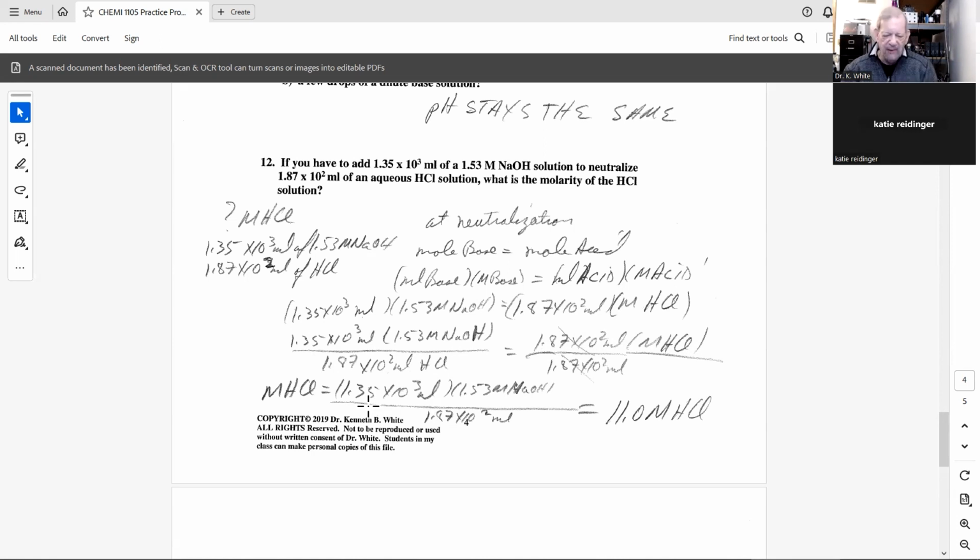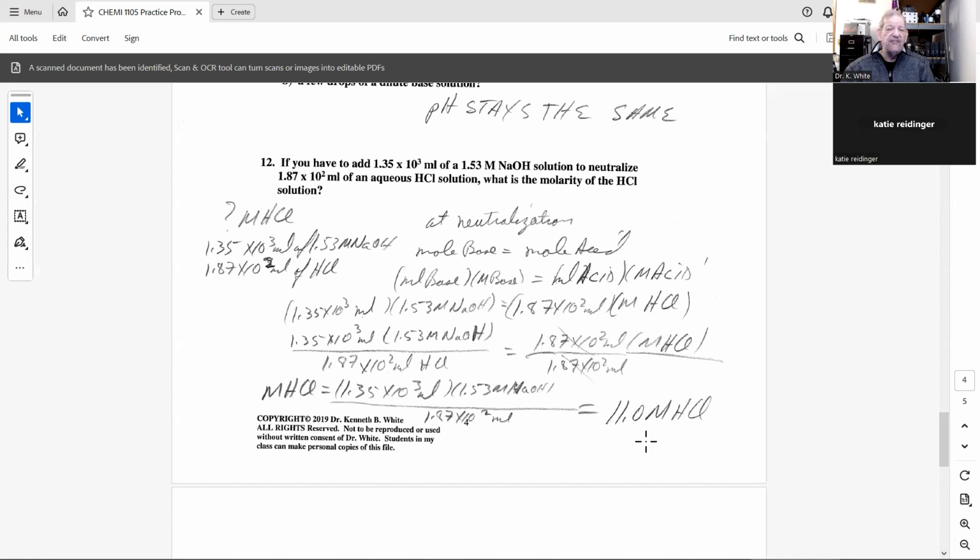And remember, on test 4, it will say, please use proper significant figures for all calculated answers, except for pH, which is whole numbers. Here I have 3 significant figures.